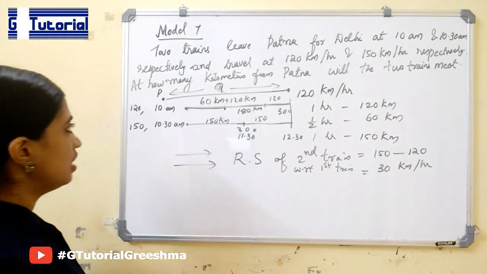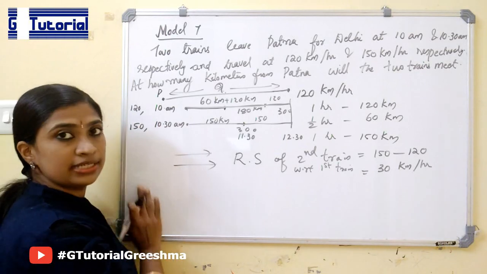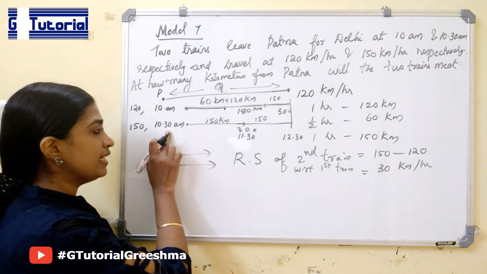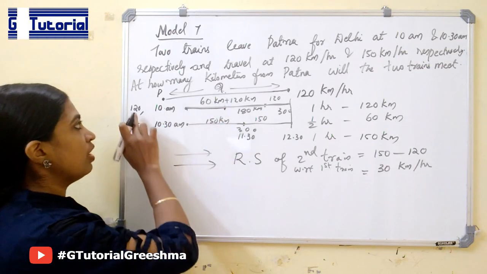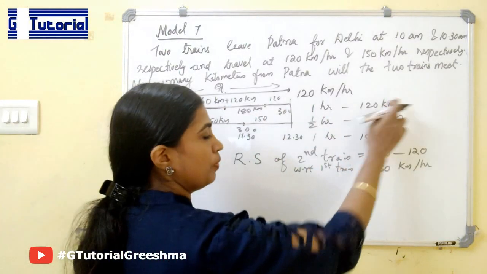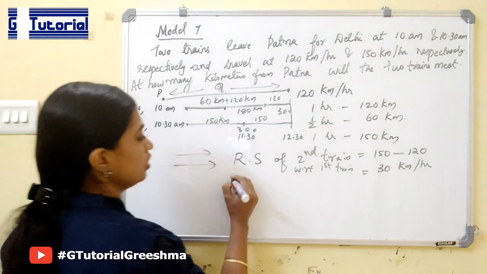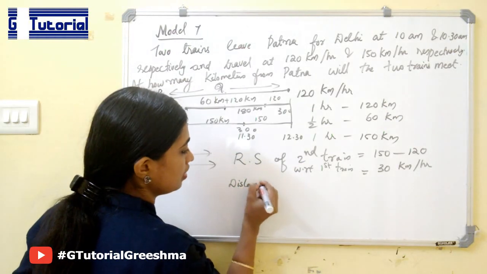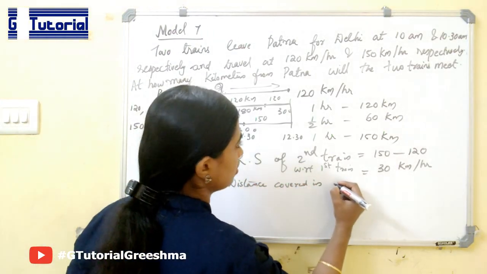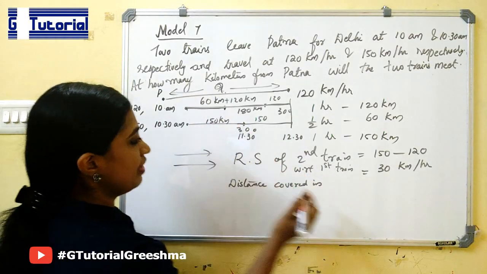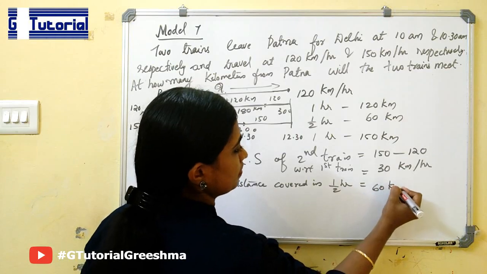Then the first train has started at 10 a.m. and the second train at 10:30 a.m. So at 10:30 a.m. what is the distance covered by the first train? In 1 hour it covers 120 km, and in a half hour it covers 60 km. So the distance covered in half an hour is 60 km.